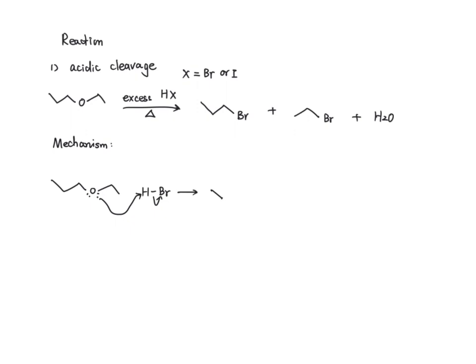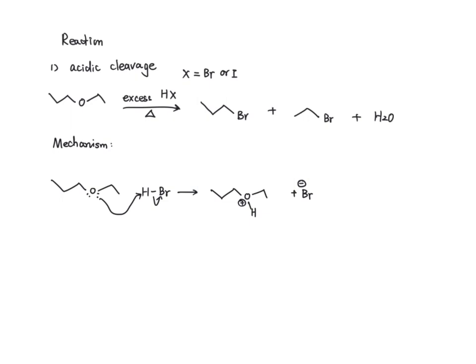So now we have the hydrogen right here, making the oxygen positive, an oxonium ion. And also we have this bromide, and the bromide is a good nucleophile, right? Now if we look at this step, we have the positive charge on the oxygen, making it a good leaving group, either this side or this side, and we have a strong nucleophile.